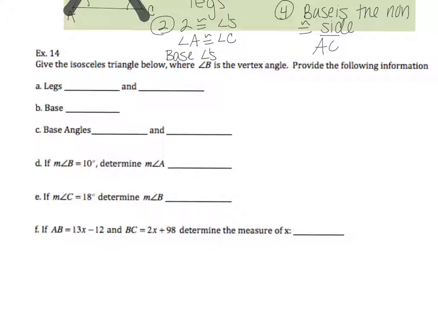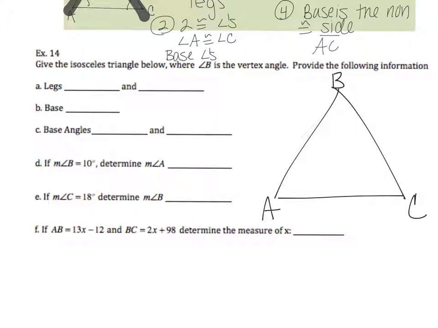It says, given the isosceles triangle below, well, it's not below, so I'm going to draw it, where B is the vertex angle. So I'm just going to label B, and go ahead and label A and C down here as well. So again, if B is the vertex angle, I don't have to read the question. I'm not reading anything else, but all I'm going to do is start marking my picture.